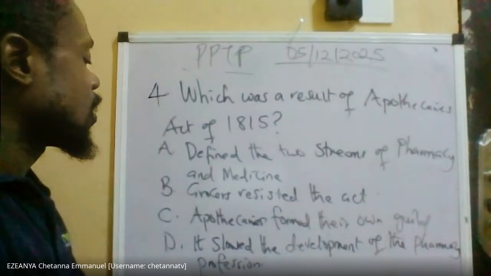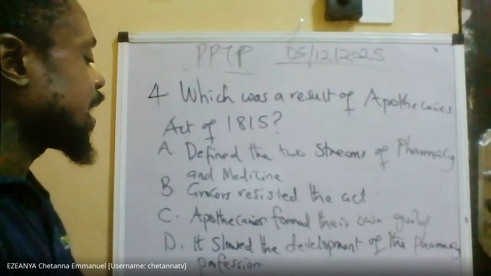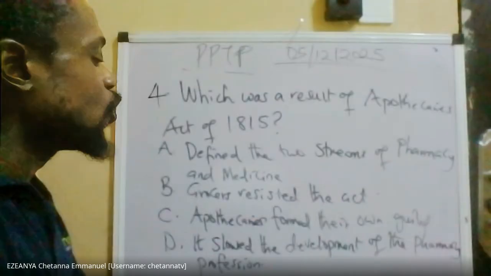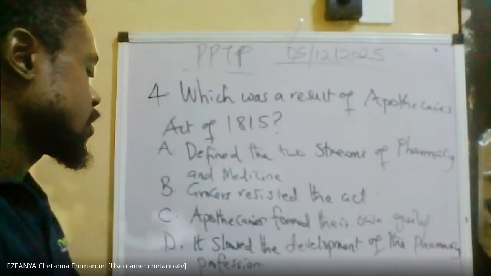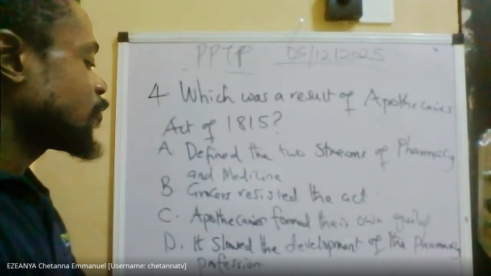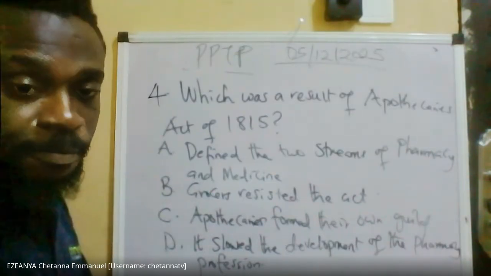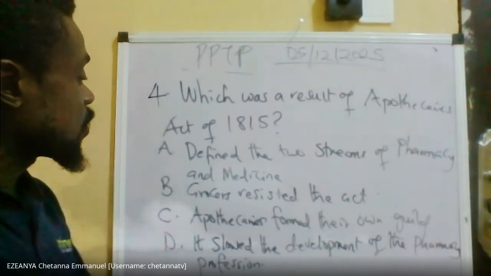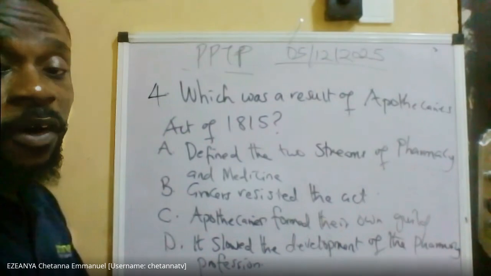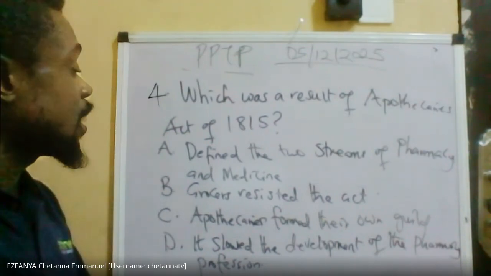B. Grocers resisted the act. C. Apothecaries formed their own guild. D. It slowed the development of the pharmacy profession. So what is the answer? Actually, this question number 4, the answer is actually A.